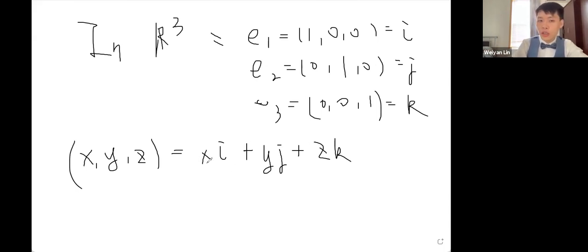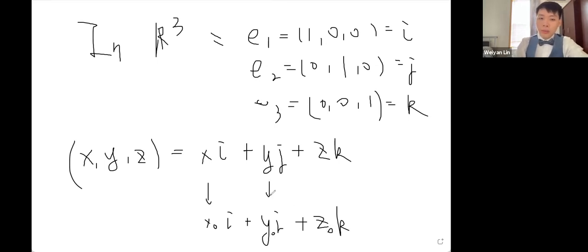If you change x, let's say to x0, even though you keep the other two the same, these two are different because you changed the information in the x-axis. And how about if you change it to x0, y0, z0, and somehow they lined up? You couldn't do it, because let's look at the difference.